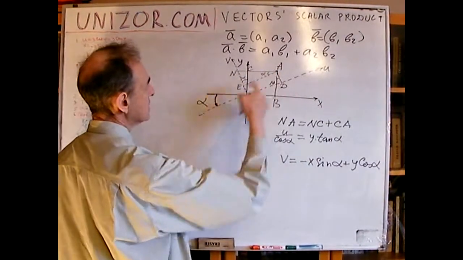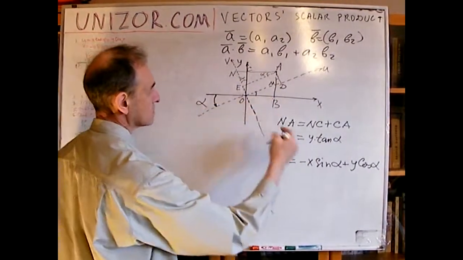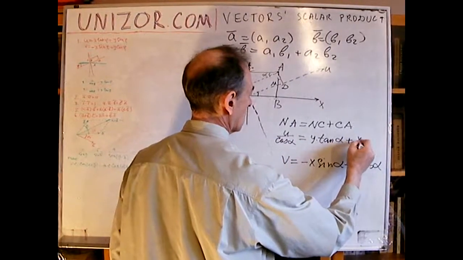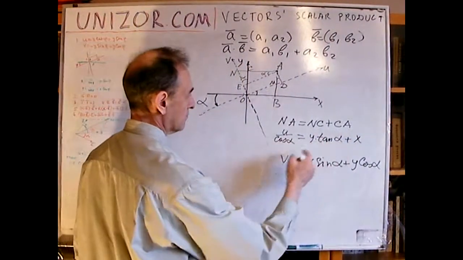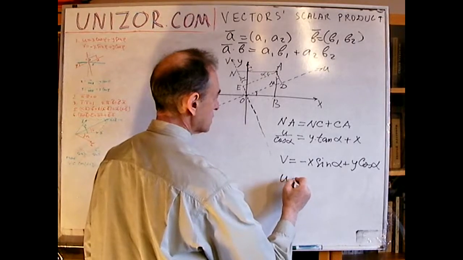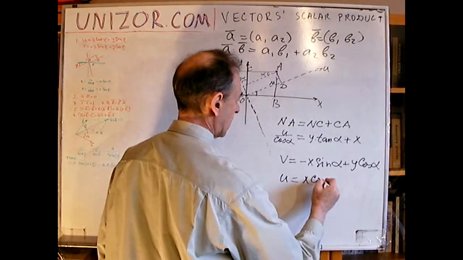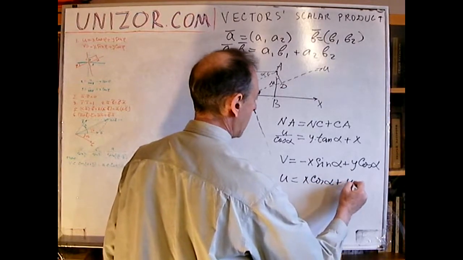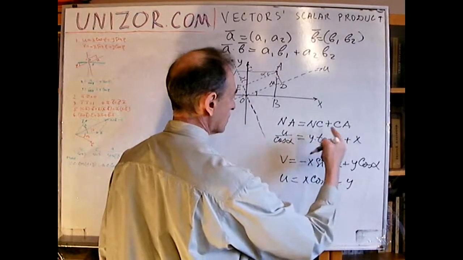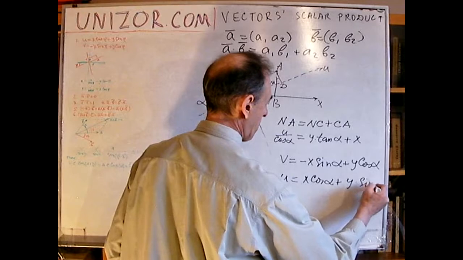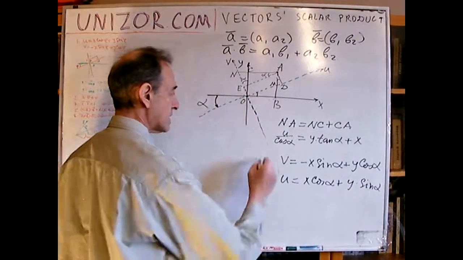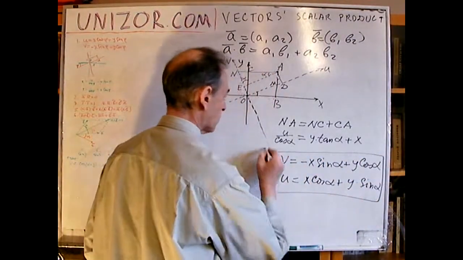And finally CA, CA is the x coordinate, which I multiply by cosine. U is equal to x cosine alpha plus y, tangent times cosine, that's sine. So that's my transformation of coordinates.